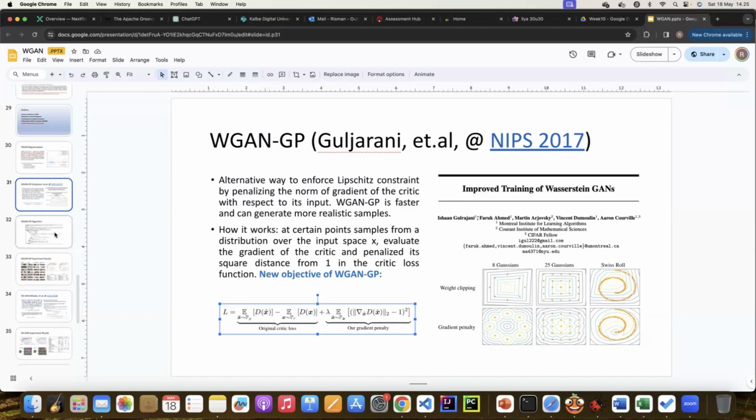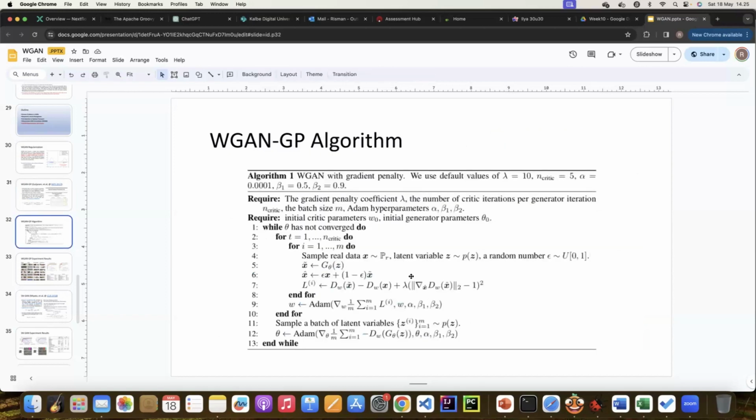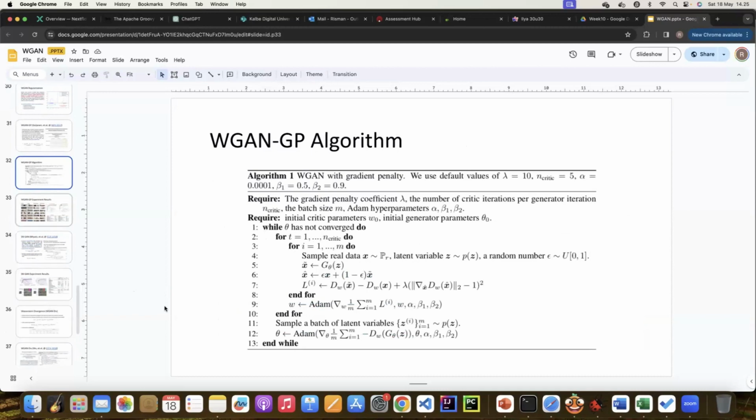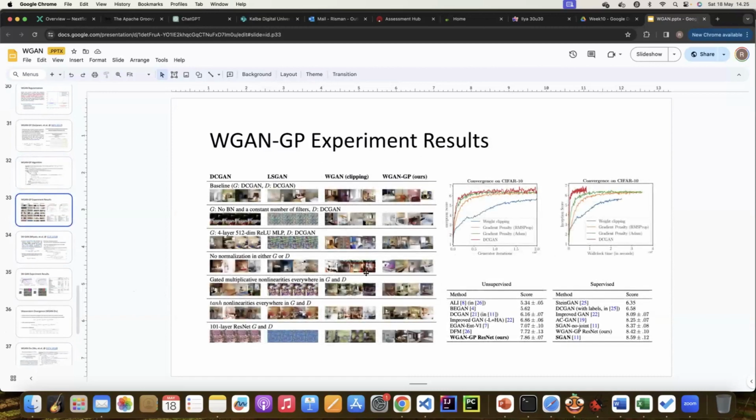So the WGAN GP algorithm is just adding a penalty aspect, a kind of regularization, to make better training. And this is the result of WGAN GP.